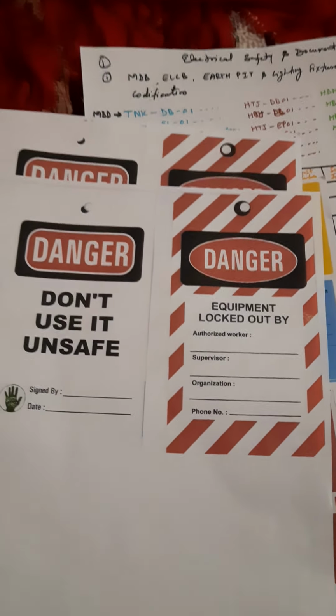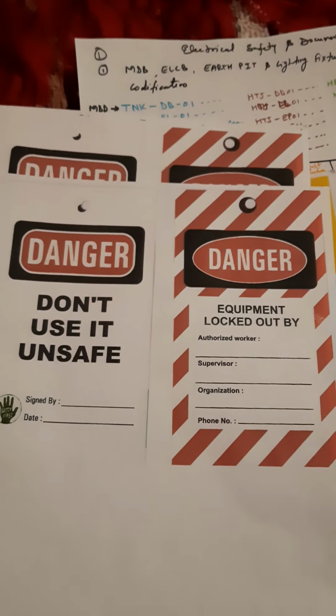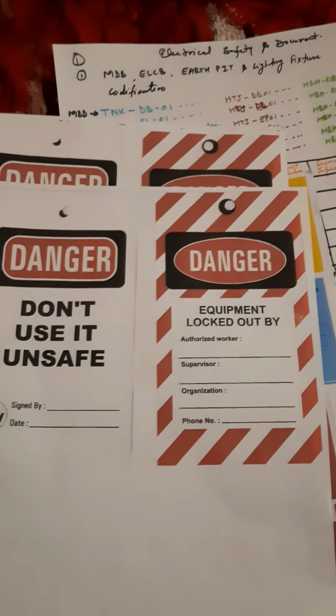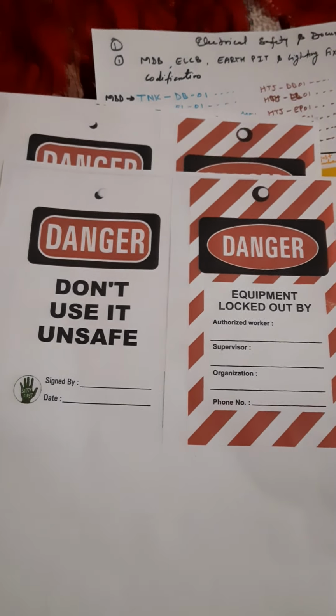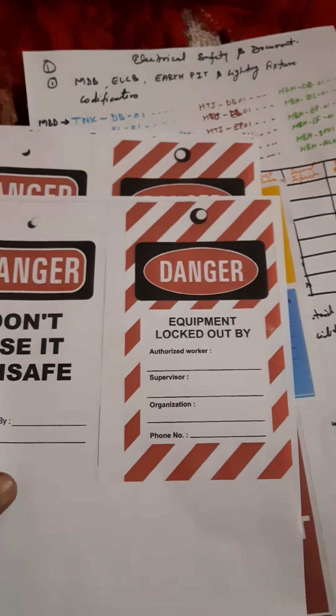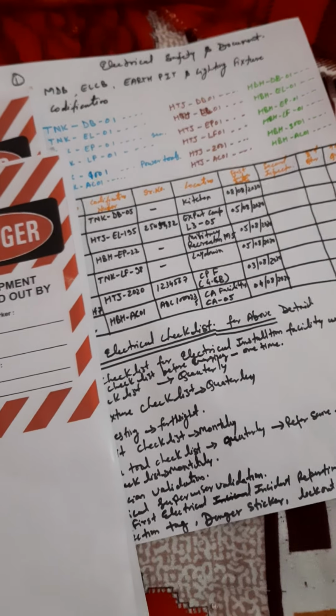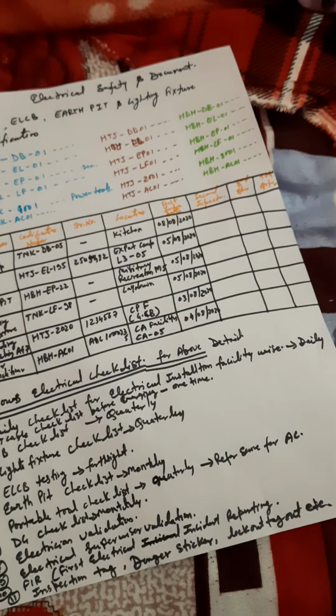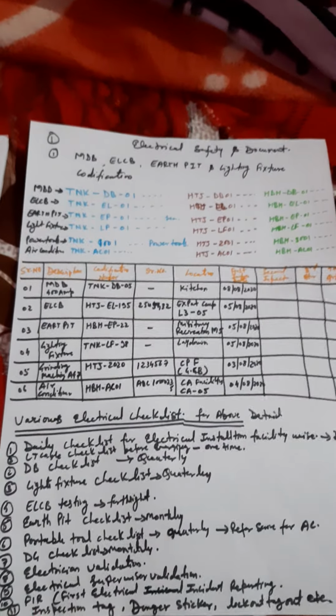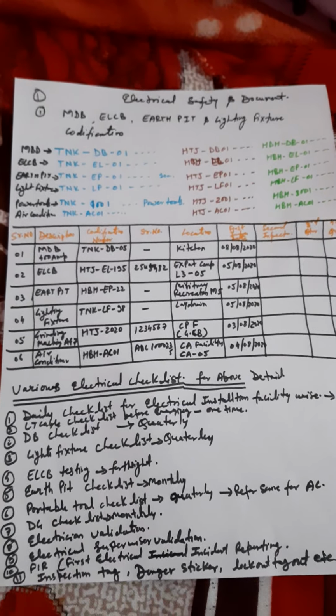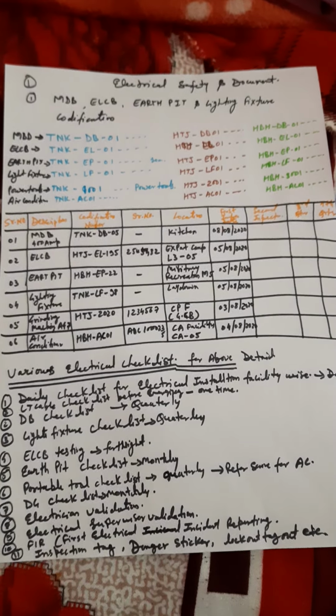Okay, so this is the electrical documentation, how we have to maintain the electrical records. We need to close this as soon as possible. So best of luck, and do this as soon as possible.